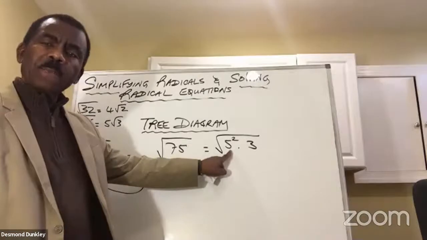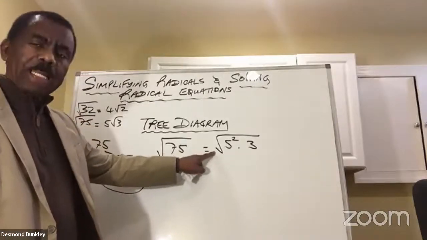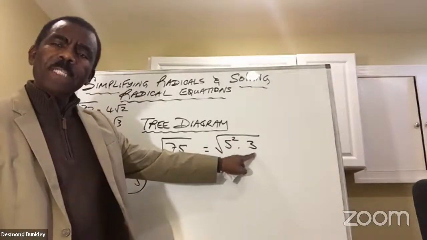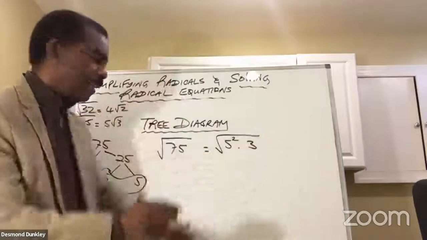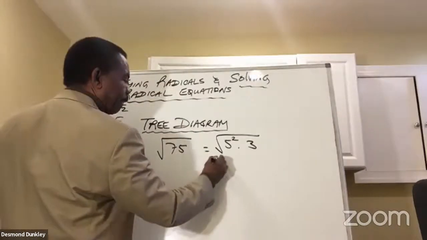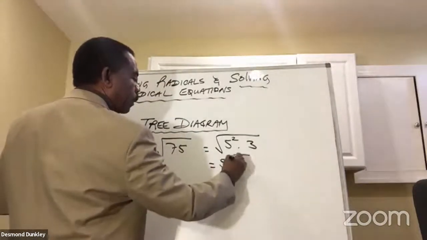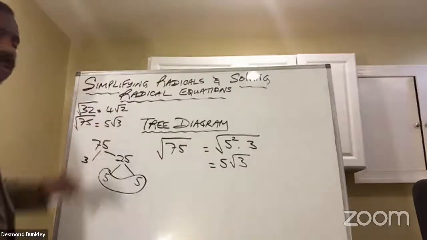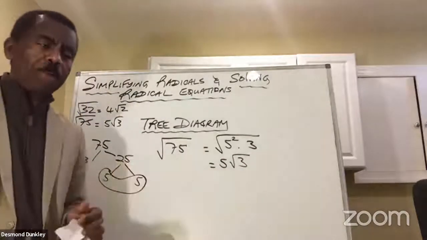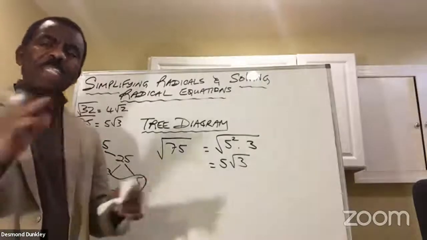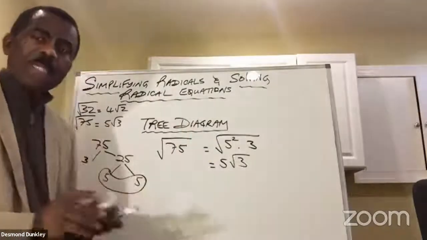This is a perfect square, so that comes outside. This is not a perfect square, so it stays inside. So we end up with 5 root 3. Same answer as we got before. Okay? Let's try something that's a little bit more involved and see how we get that done.